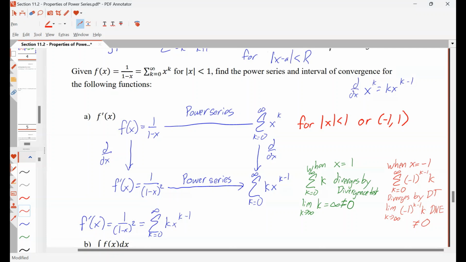So when we took the derivative, the endpoints still diverge. Negative 1 and 1 still diverge.